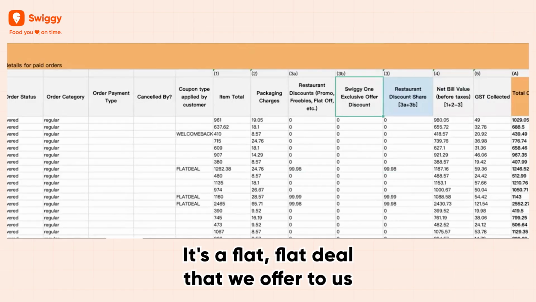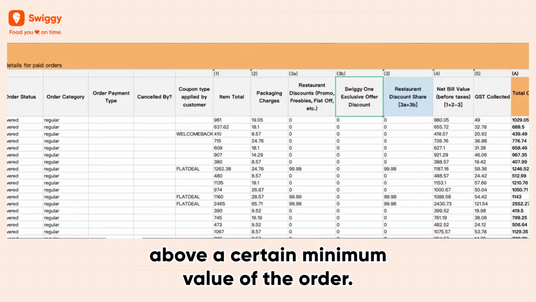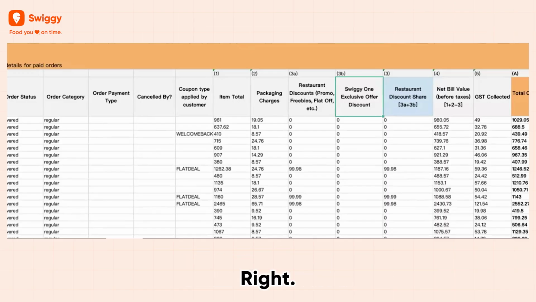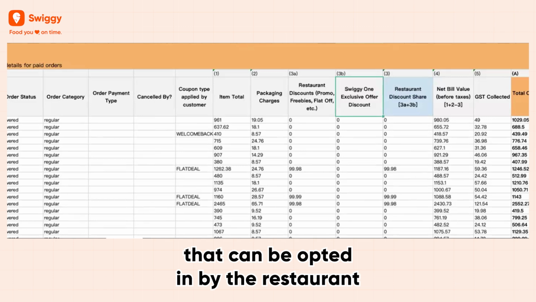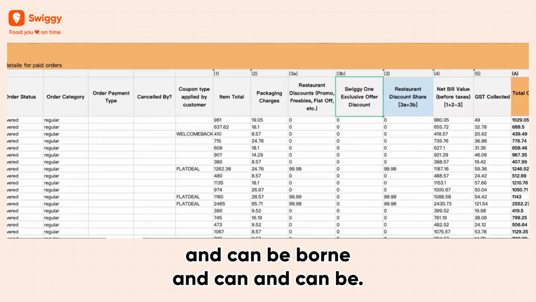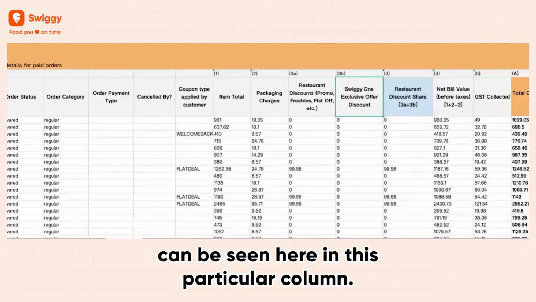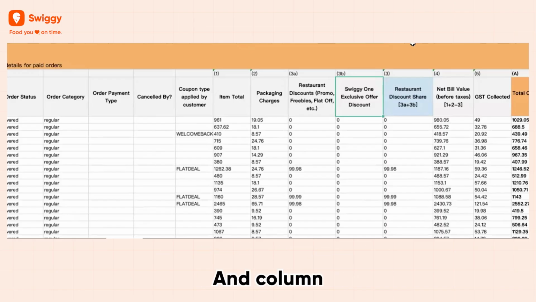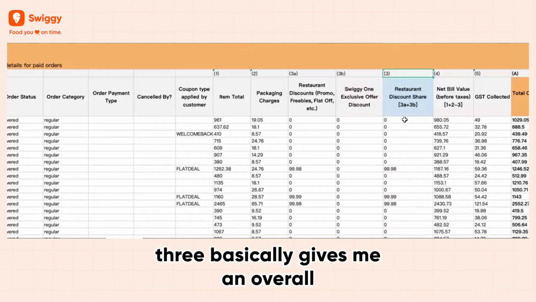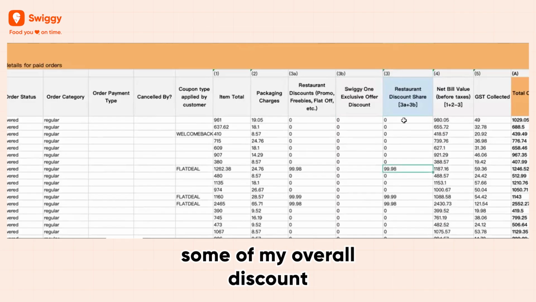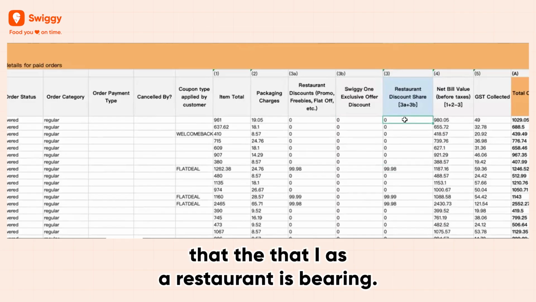It's a flat deal that we offer to our Swiggy One customers above a certain minimum order value. This can also be opted in by the restaurant and borne by them, and the value that is charged can be seen in this particular column. And column 3 gives me an overall sum of the discount that I as a restaurant am bearing.